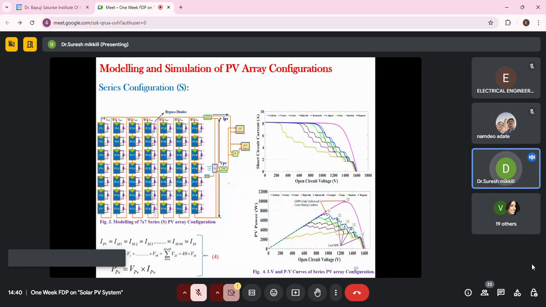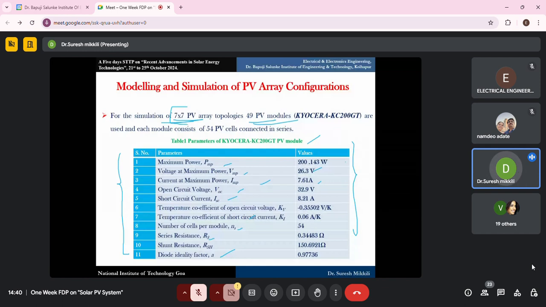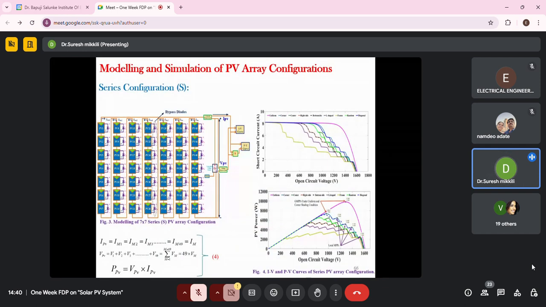Now you see, when we consider the 7 by 7 PV array structure, 7 modules are in the first string, and the second string also has 7 modules. Since it is a series configuration, all 49 modules are connected in series.